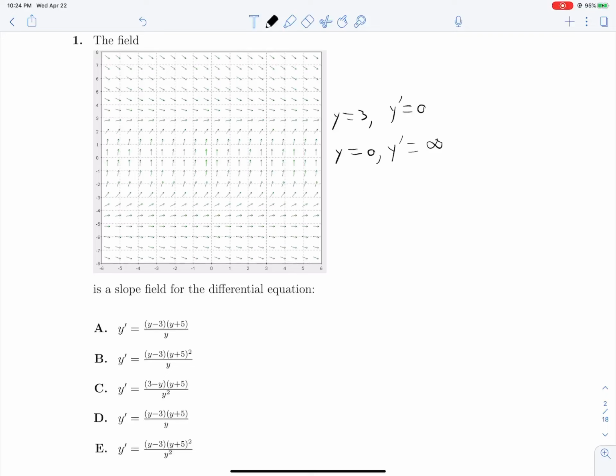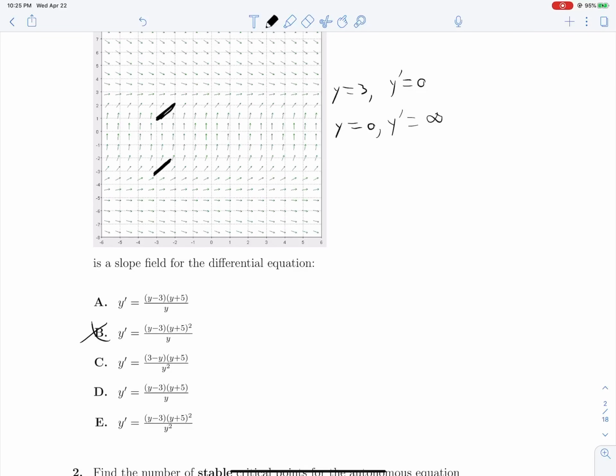But importantly, because our slope is positive before 0 and positive after 0, I know for a fact that whatever is leading to 0 creating this behavior has to be squared, and I'll show you why.